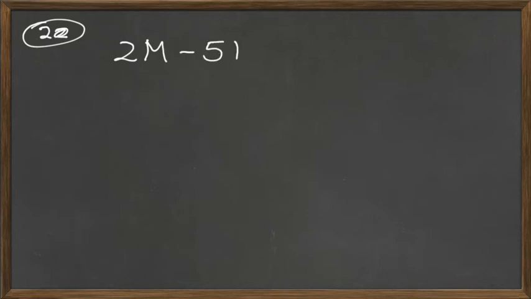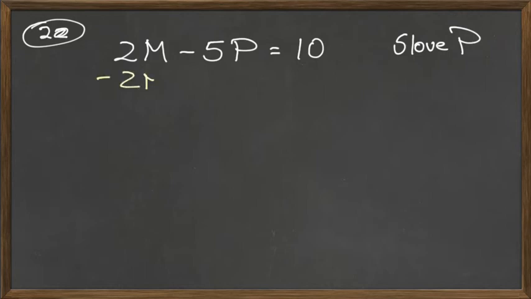Here, number 22. Oh no, I skipped over. How about 20? 20 is 2m minus 5p equals 10, and you have to solve for p. No problem. How do you solve for p? I couldn't hear you. Subtract 2m.